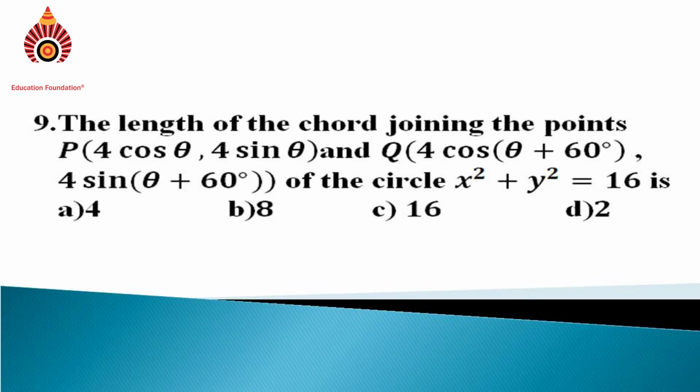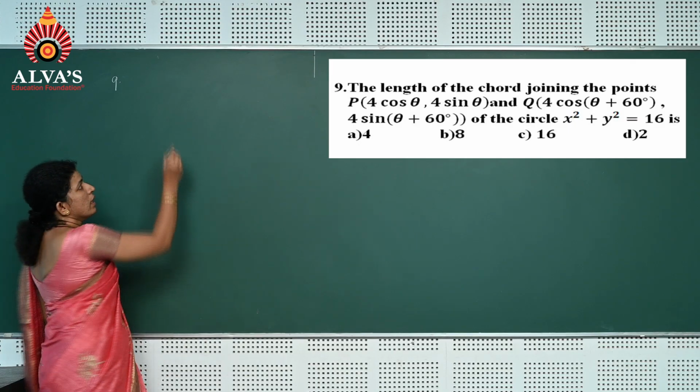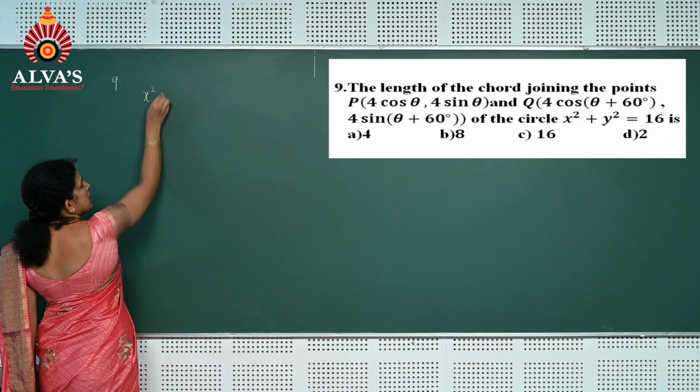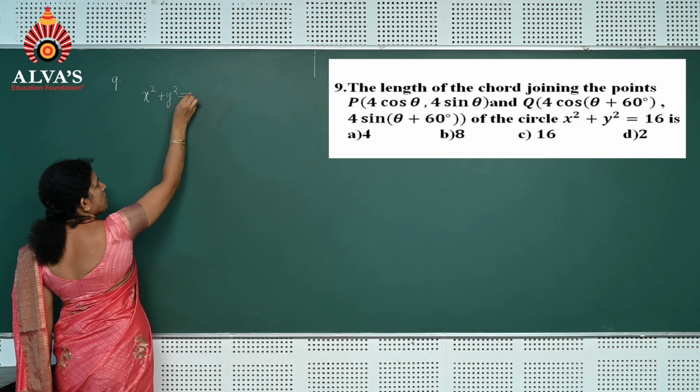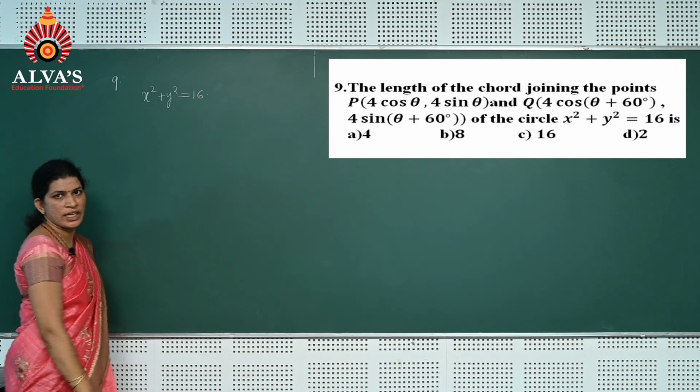Come to question number 9. The question is the length of the chord joining the points P of (4 cos theta, 4 sin theta) and Q of (4 cos (theta plus 60 degree), 4 sin (theta plus 60 degree)) of the circle x square plus y square equal to 16. The equation of the circle is given, x square plus y square equal to 16.